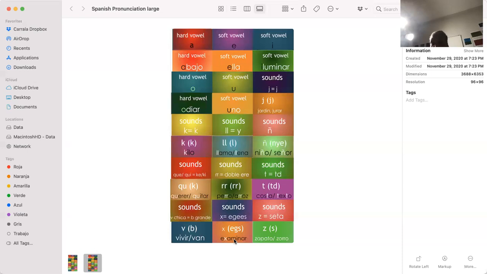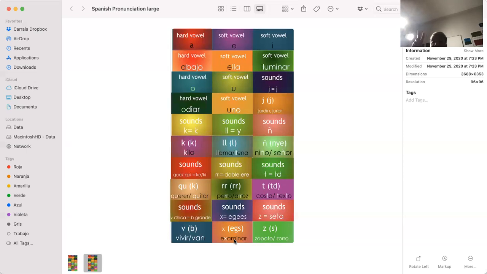Or that one letter like the U has different sounds depending on what letter comes after it. The U can be a U if a consonant comes after it, like universal.